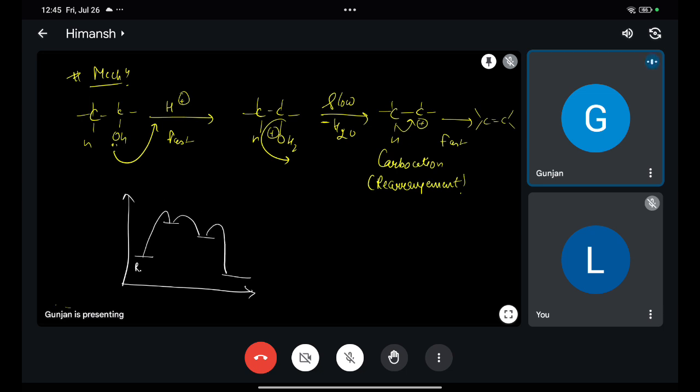So this is alcohol, ROH2 positive, R positive, and final alkene. So we are getting transition state first, second, and third. Rearrangement is very important because this is majorly what is required during the reaction. It's not like they simply ask you to do the dehydration. Obviously they will frame the question in a way that you have to go for rearrangement.